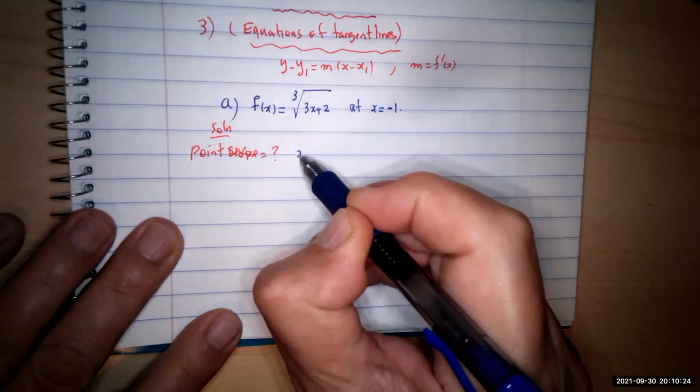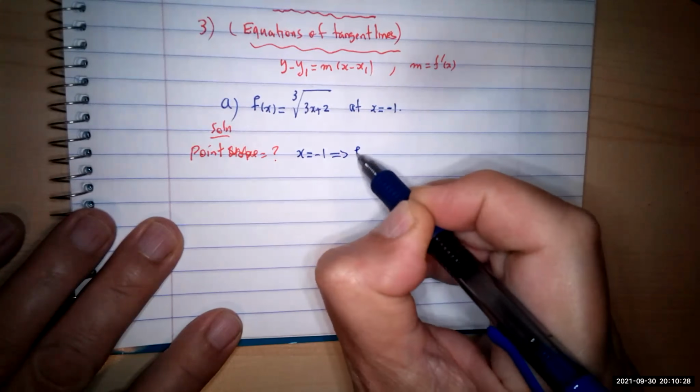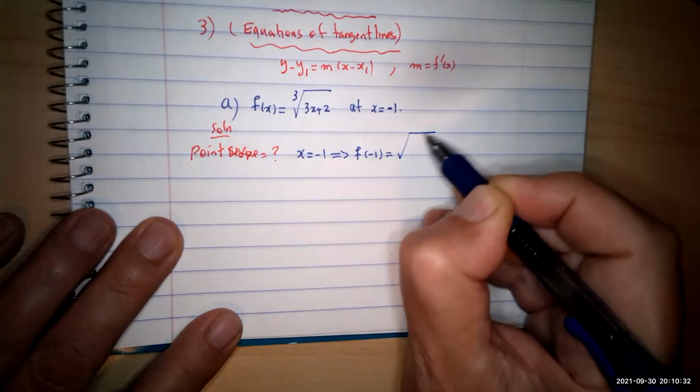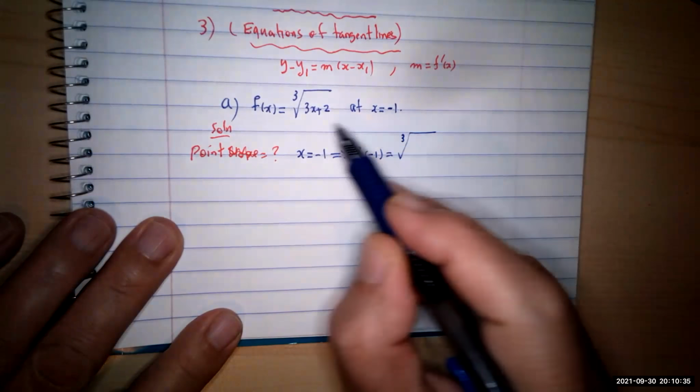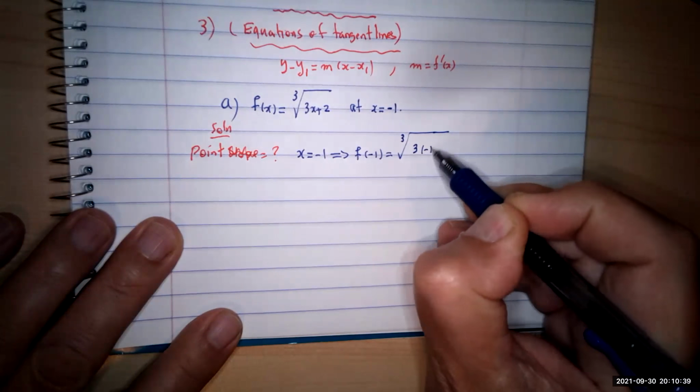You put x equal to -1 into the function, so that gives f of -1, which is going to be the cube root of 3 times -1 plus 2.